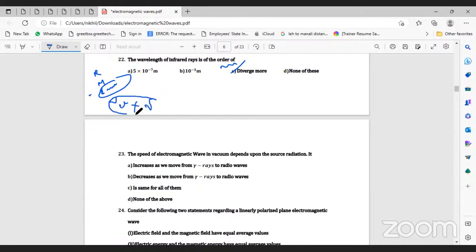Below that, infrared still has the other rays, so it will deviate more itself. So it can't be in the order of 10 power minus 3 or 5 into 10 power minus 7. It will be of a larger order only, so we can say it is going to diverge more.